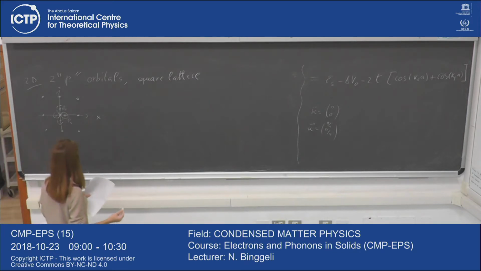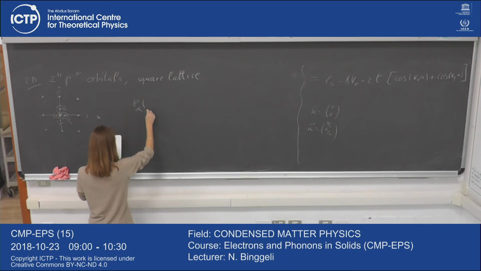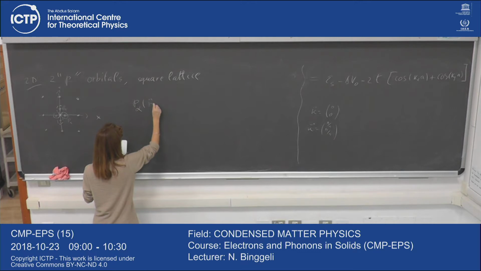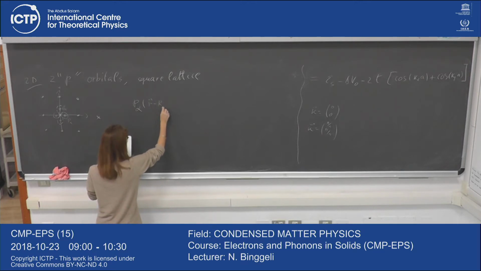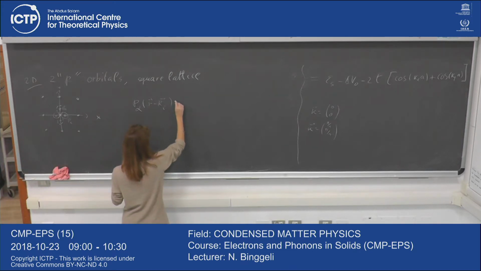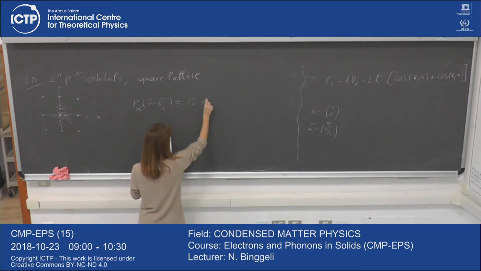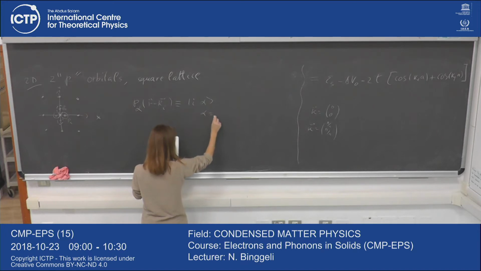I will label my states so the px that is centered at the position Ri, lattice site Ri, I will call it the state I alpha, where alpha is x and y.